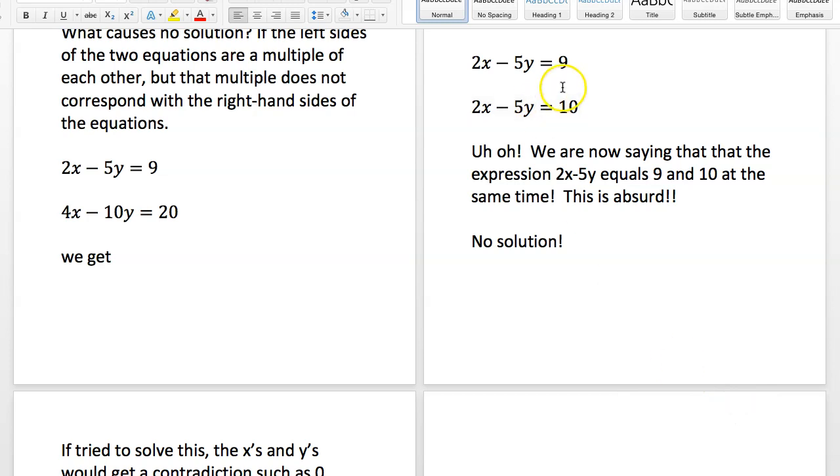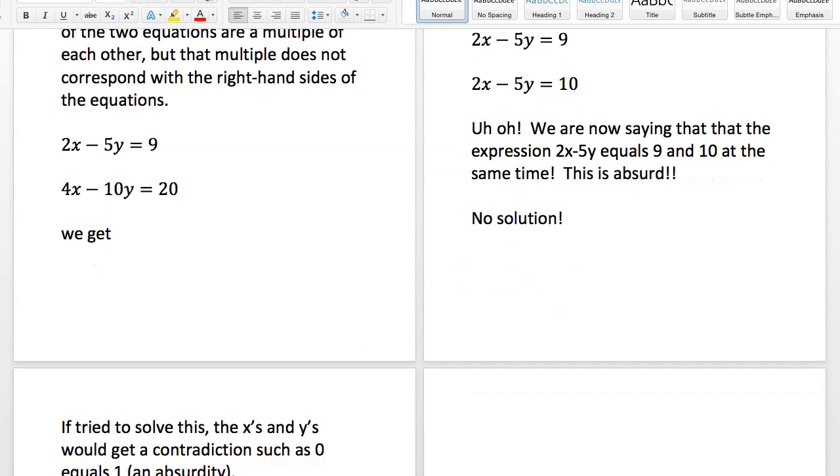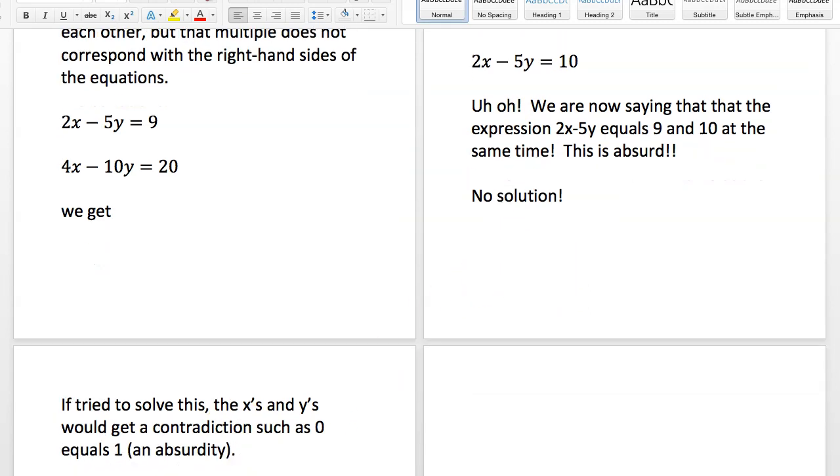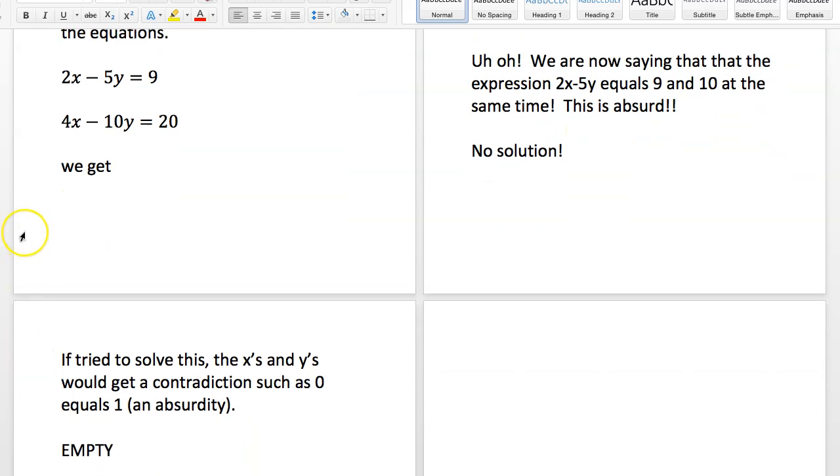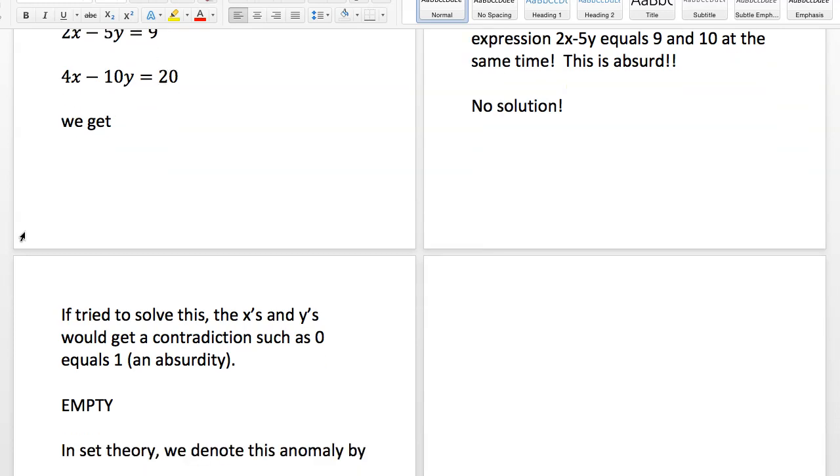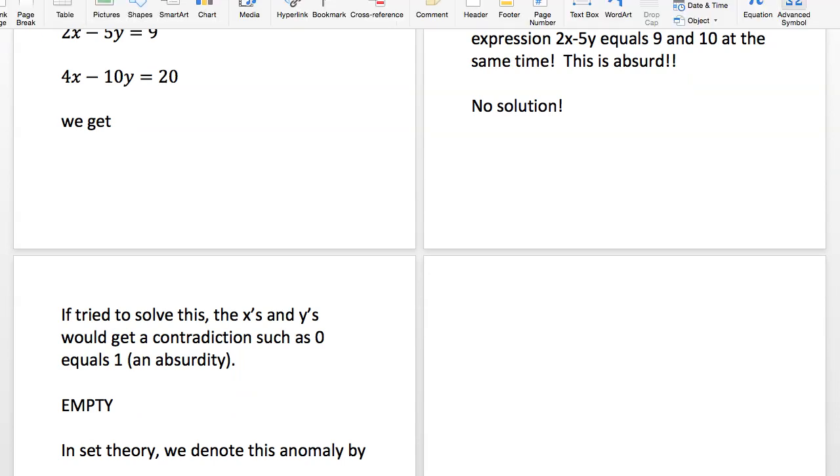Okay, so there's no solution. Now, how do we write this? You just type EMPTY in your computer program. In set theory, we denote this anomaly by just the empty set. There are several ways to write it.